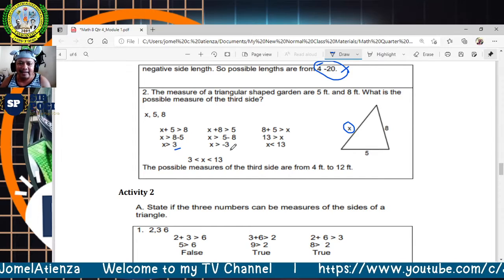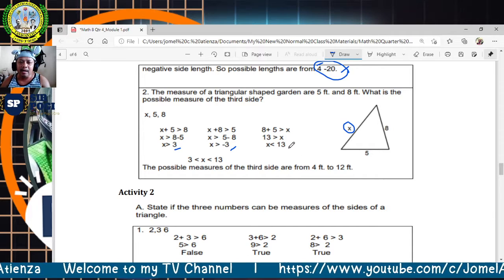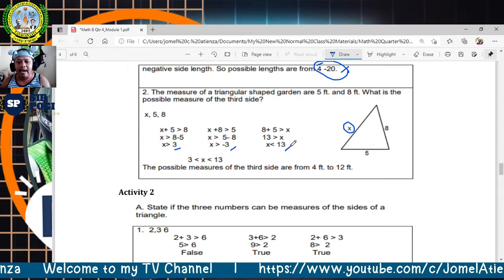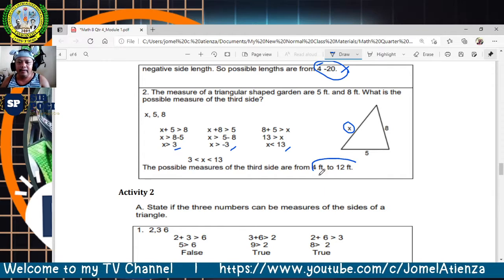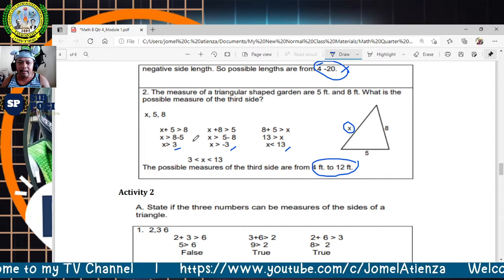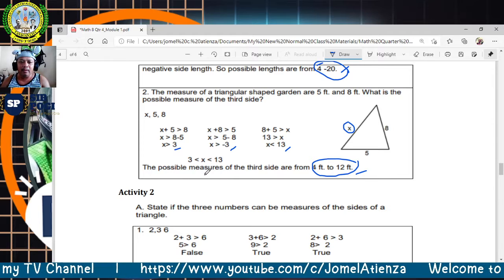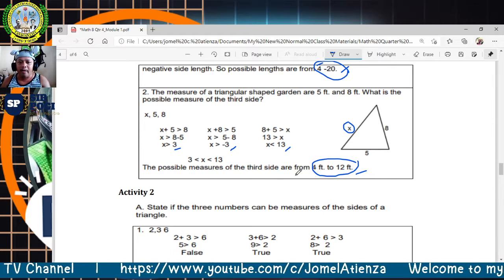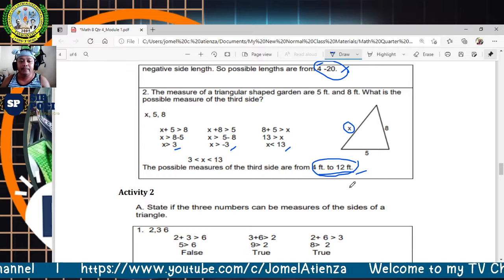Another one is x is greater than negative 3, and the other one is x is less than 13. So therefore, the possible length is 4 feet to 12 feet. Greater than 3, which is 4, and less than 13 is 12. So the possible measure of the third side is from 4 feet to 12 feet.